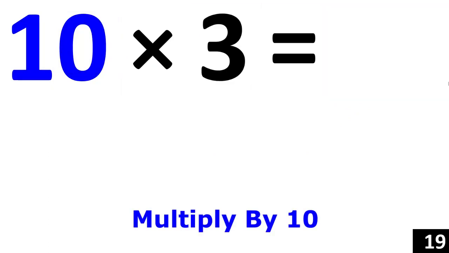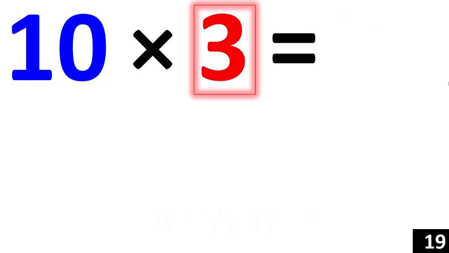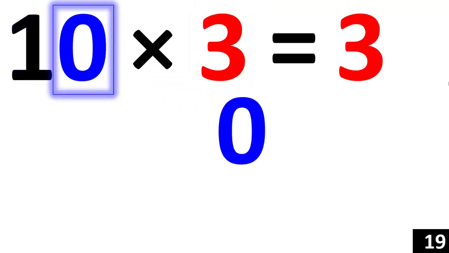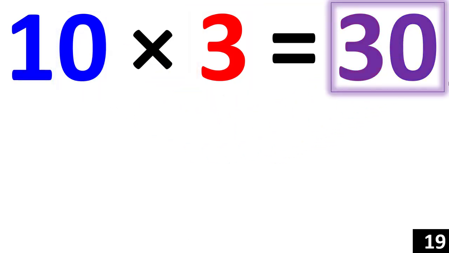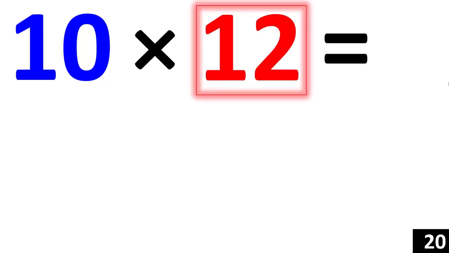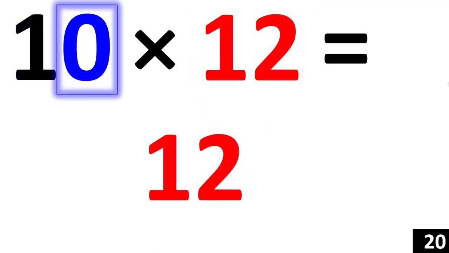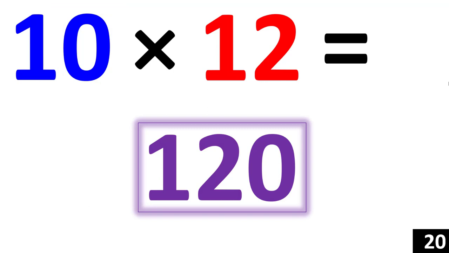Any number times 10 is that number with an added 0. 10 times 3 is a 3 with an added 0. A 3 with an added 0 is 30. 10 times 12 is a 12 with an added 0. And a 12 with an added 0 is 120.